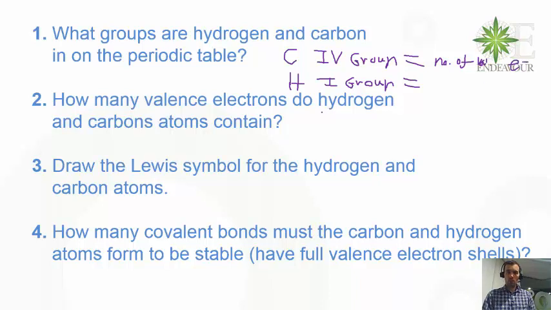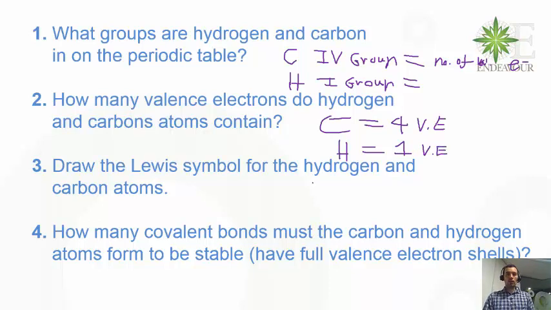So for carbon, it was in group 4, so it's going to contain 4 valence electrons. What about for hydrogen? What group was it in? It was in group 1, so that means it's going to have 1 valence electron.